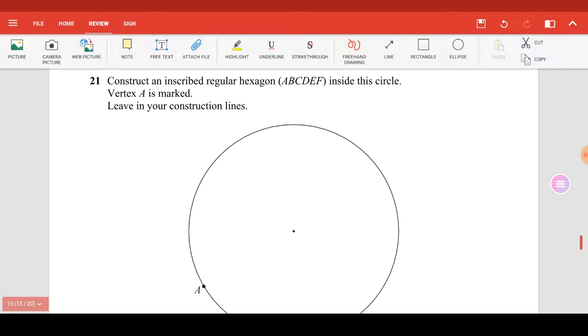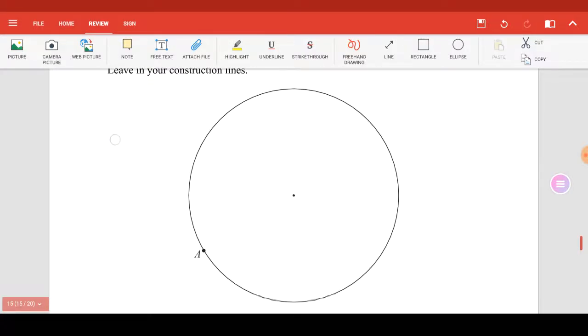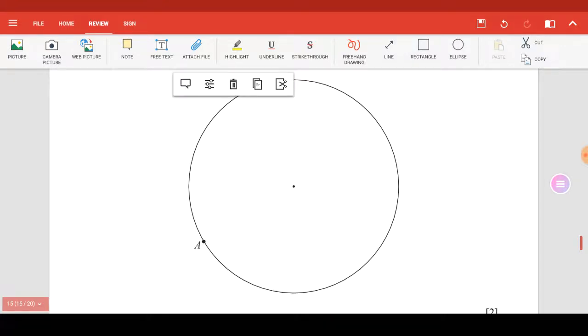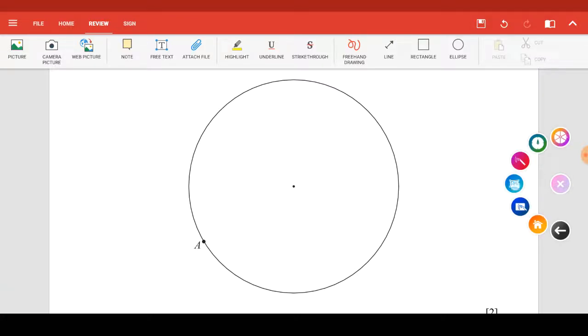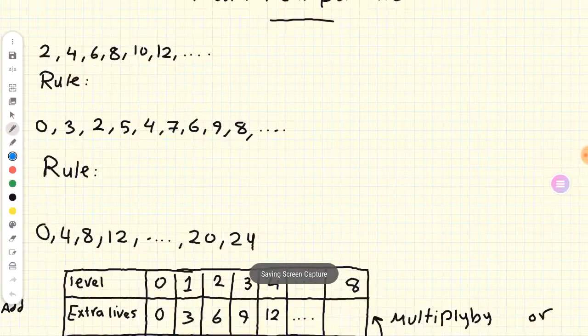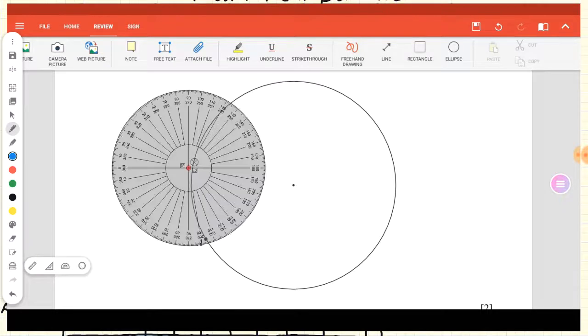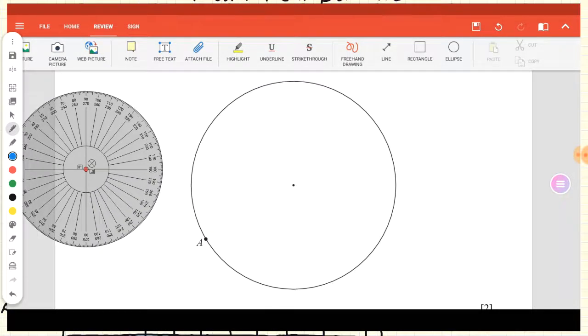Construct an inscribed regular hexagon. Actually, you need to use a compass, but I have only this circle here.